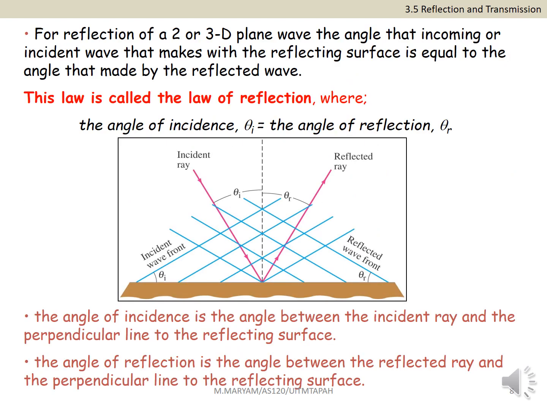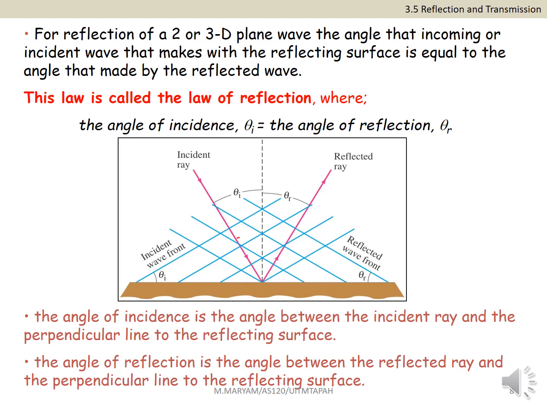For reflection, still remember we learned in chapter 1 the condition of reflection. For a 2D or 3D wave, the angle that the incoming or incident wave makes with the reflecting surface is equal to the angle made by the reflected wave, because it happens in one medium. This is called the law of reflection, where the angle of incidence theta i equals the angle of reflection.